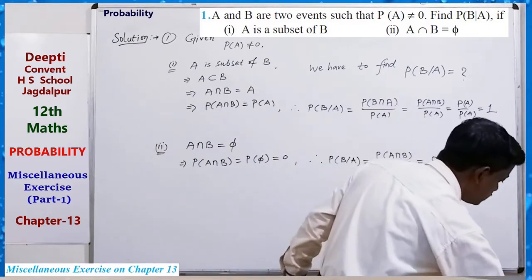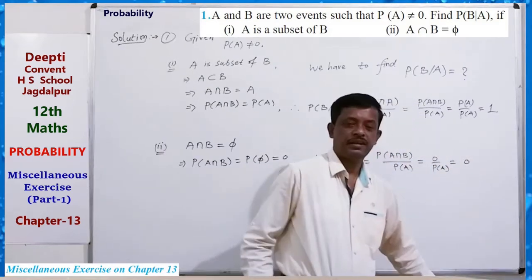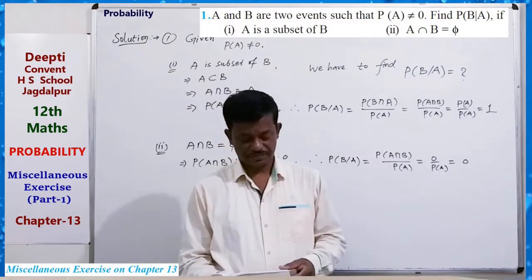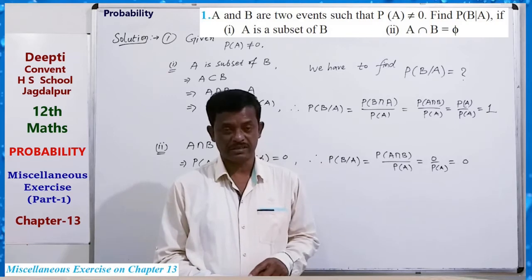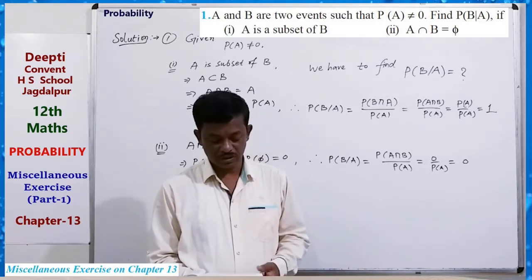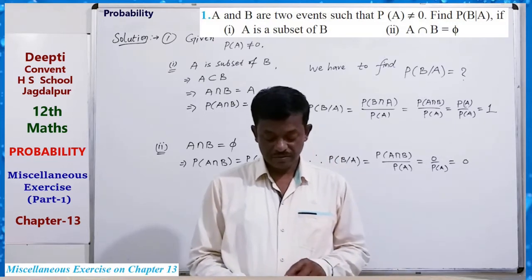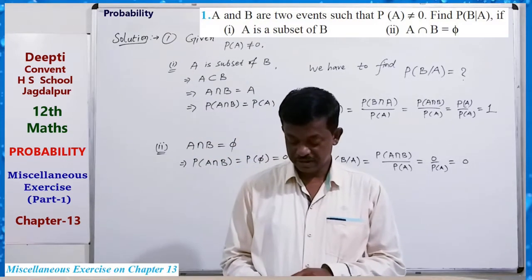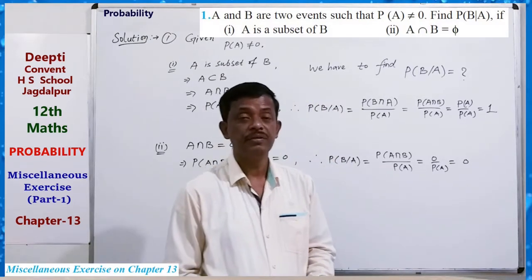Now question second. A couple has two children. Find the probability that both children are males if it is known that at least one of the children is male. And second, find the probability that both children are female if it is known that the elder child is a female.